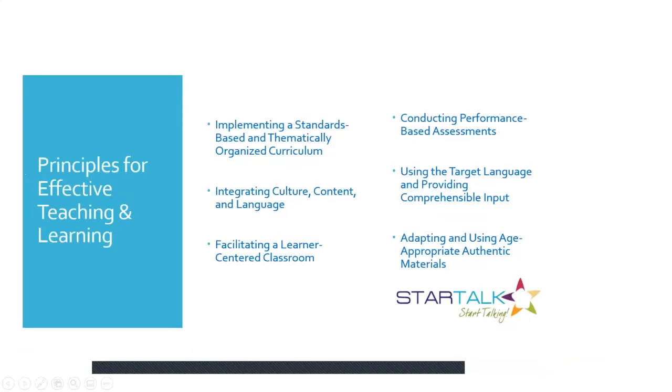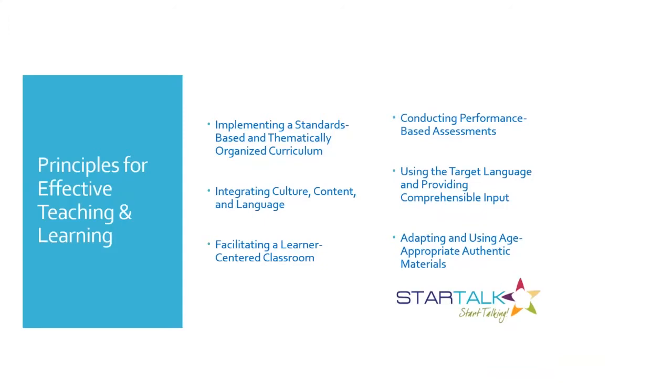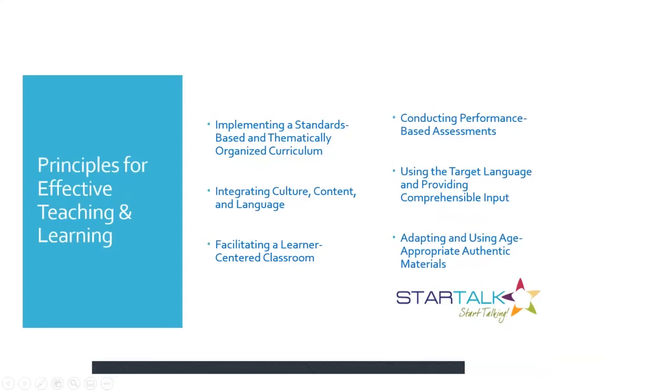I think that Wordwall.net, which is offered in a free or paid version, I have only used the paid version, really very effectively addresses the StarTalk principles, primarily facilitating a learner-centered classroom and adapting and using age-appropriate authentic materials.